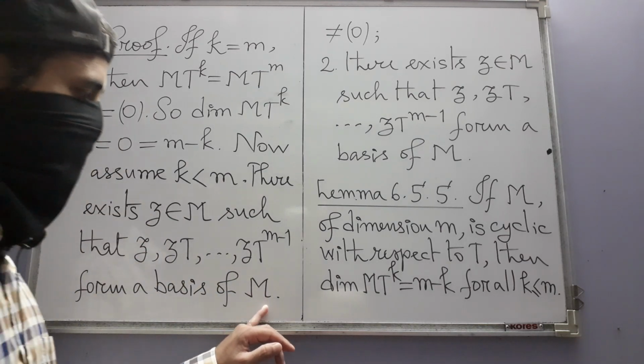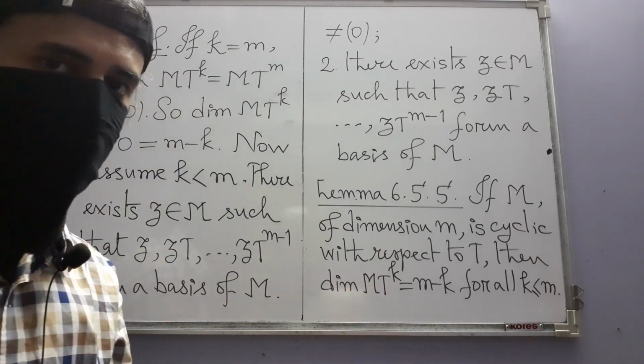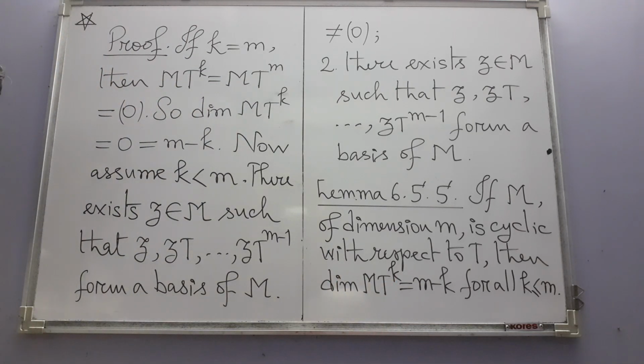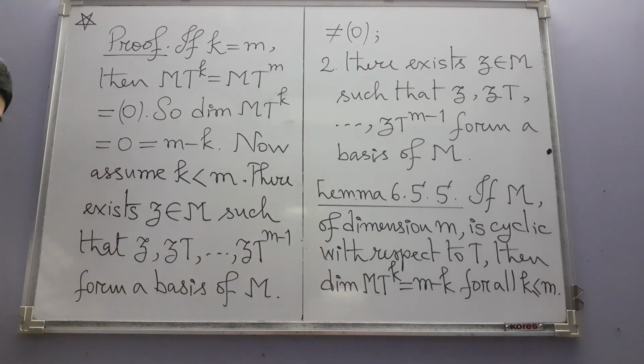But we are not exactly interested in M, we are interested in M T to the power k. So let's see what happens if we apply that kth power of T to each basis vector here.